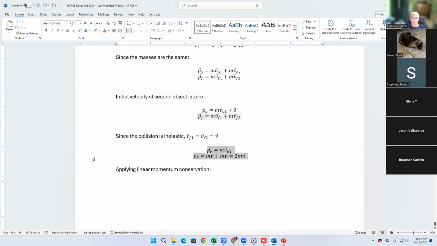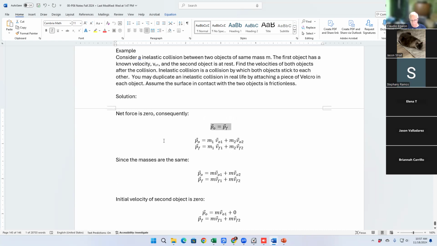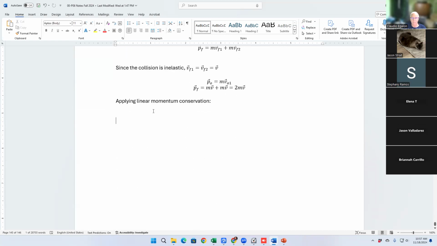I will copy this one, paste right here, copy this other, paste right in here.